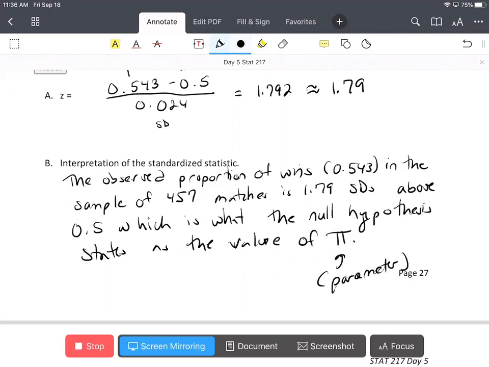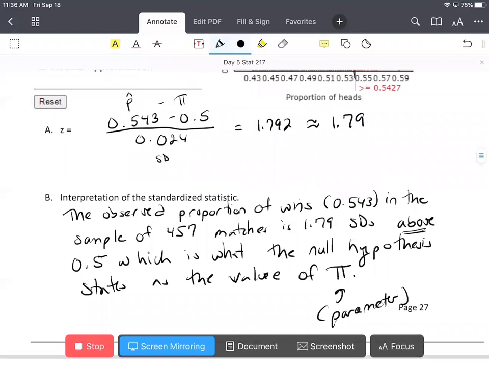And what we found is the observed proportion of wins, 0.543, in the sample of 457 matches is 1.79 standard deviations above 0.5, which is what the null hypothesis states as the value of pi, which is the parameter. We haven't come to a conclusion yet, but we're just stating the information that we found.